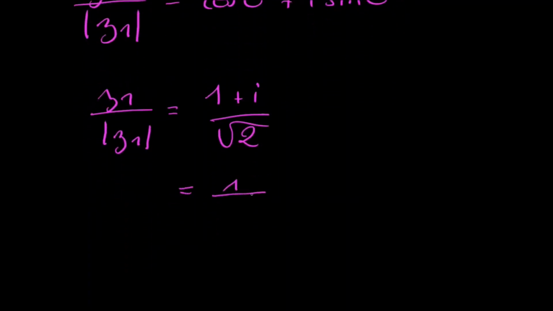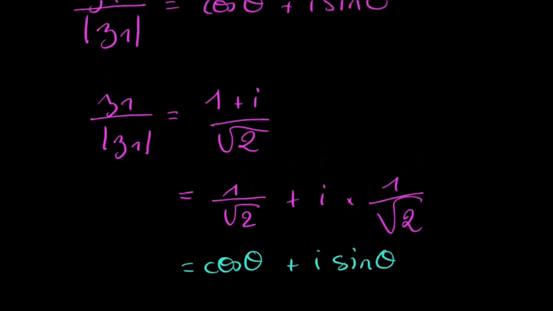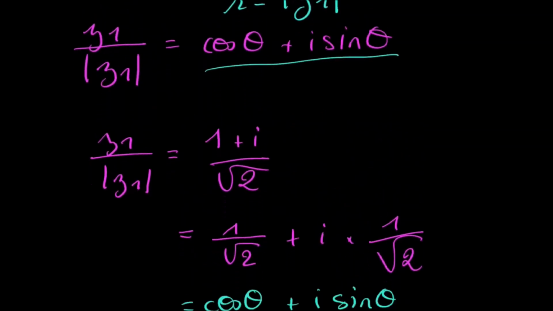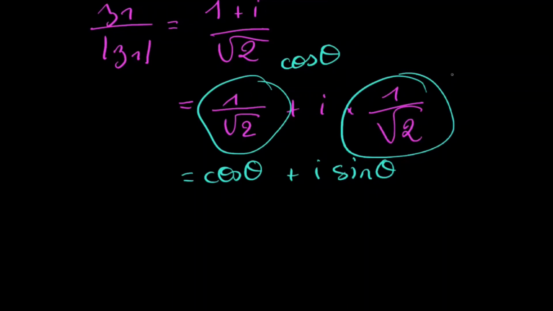And this we can write as 1 divided by the square root of 2, plus i multiplied by 1 divided by the square root of 2. And because it equals cos theta plus i sin theta, you can recognize that the real part is cos theta and the imaginary part is sin theta.